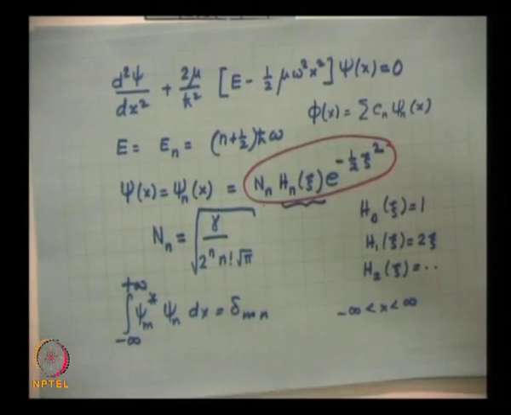So that really completes one of the most important and most beautiful problems in quantum mechanics, the linear harmonic oscillator problem. Now we have obtained exact solutions of the Schrodinger equation for 3 problems.